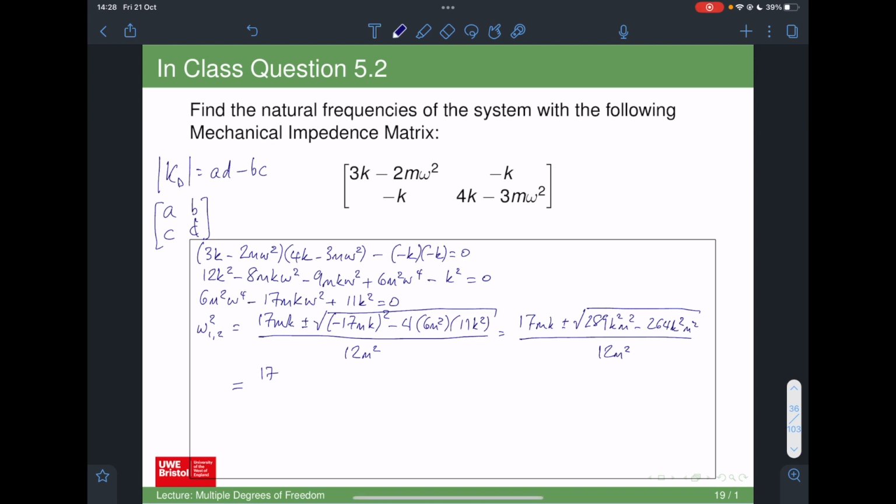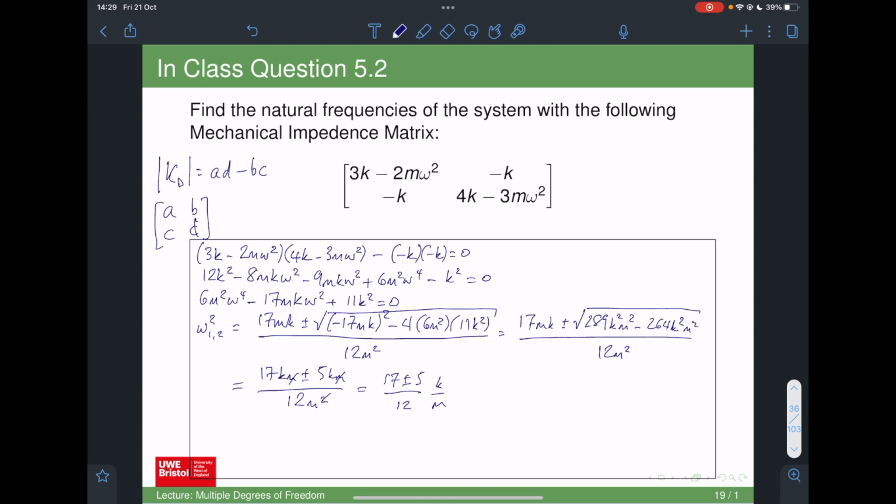17 km plus or minus 5 km all divided by 12 m squared. And what we do is we cancel the squared here with the m up here and the m here, and we end up with 17 plus or minus 5 over 12, k divided by m.